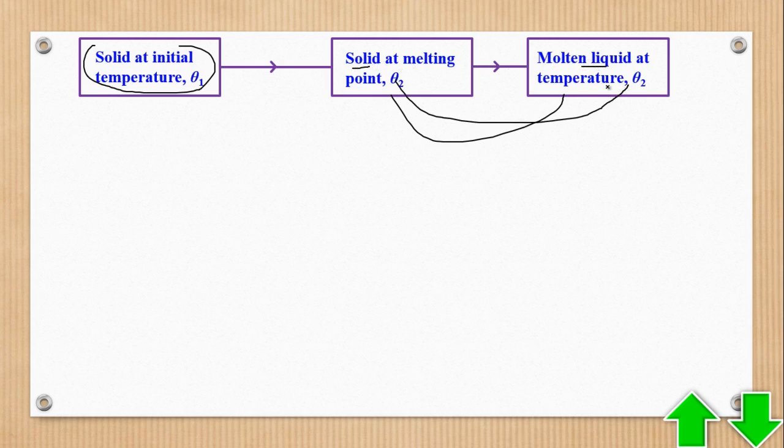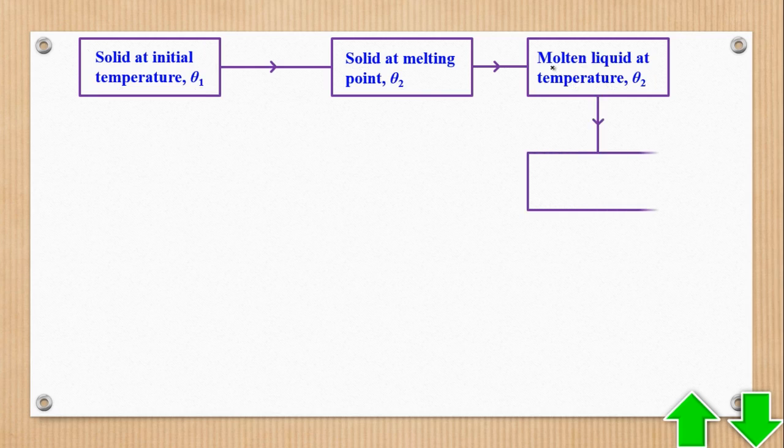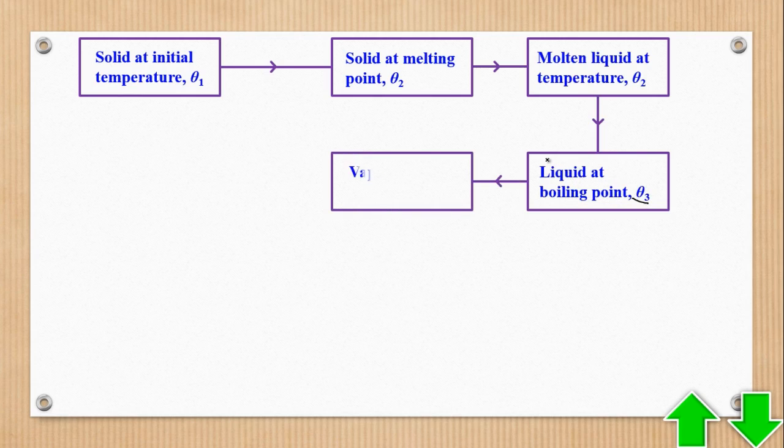Each time there is a change of state, temperature should not change. Therefore, as you draw your diagrams, ensure that. Now it is liquid. That liquid heated more, the temperature will increase up to boiling point θ3. At θ3, it needs to change to vapor, so temperature will not change. So θ3 will remain the same.